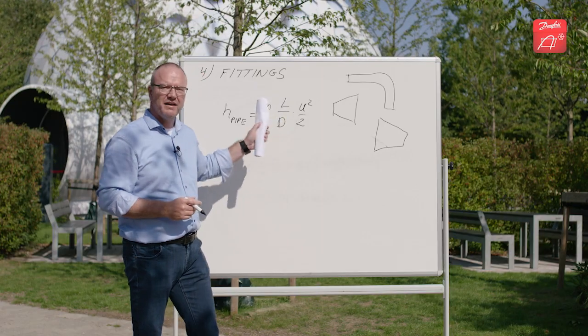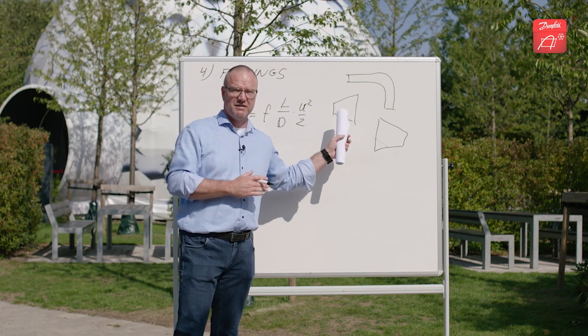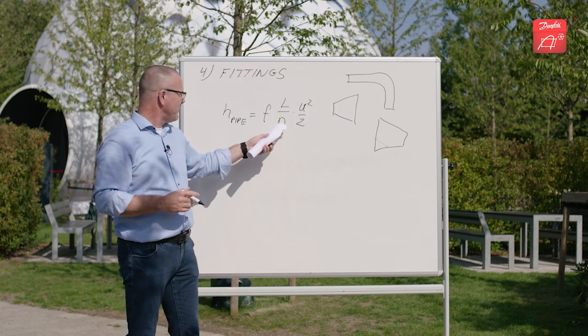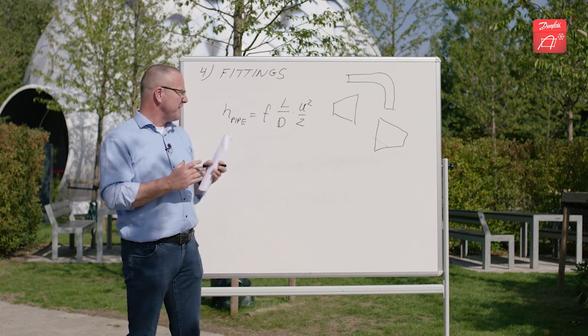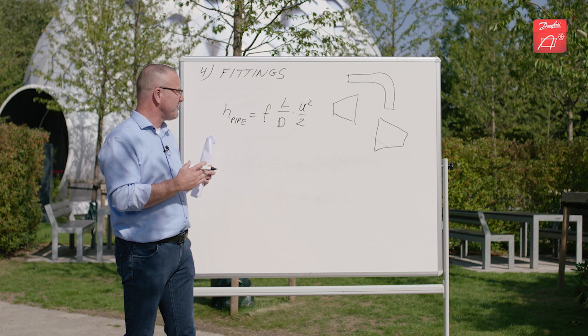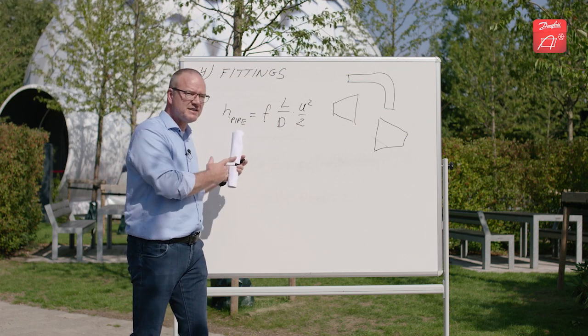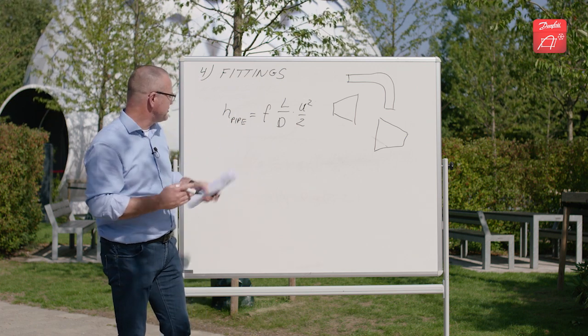The L over D, the length, is normally quite limited for fittings, and also the diameter. And the friction factor is certainly something that is slightly different from the equations we went through last time. But we can reuse the idea.